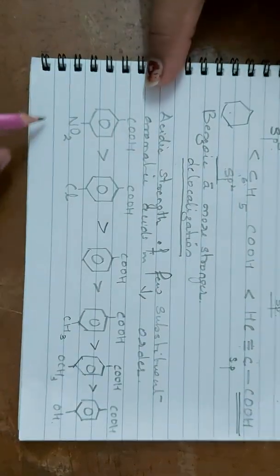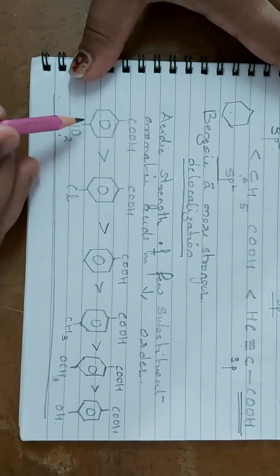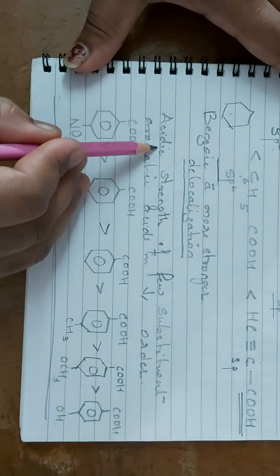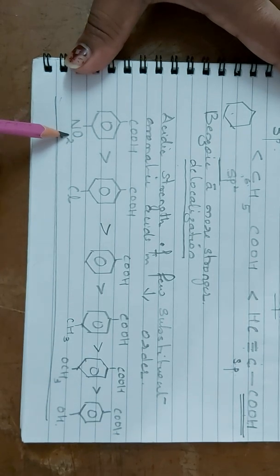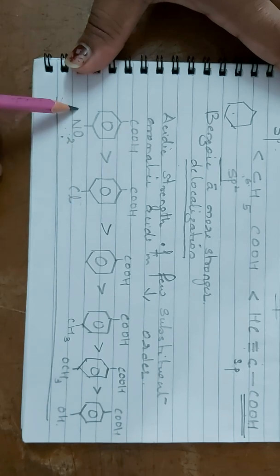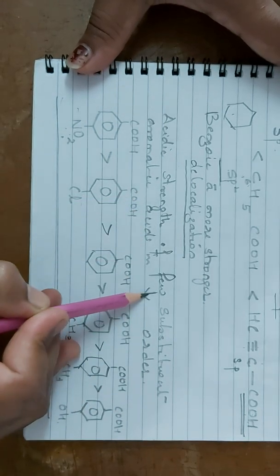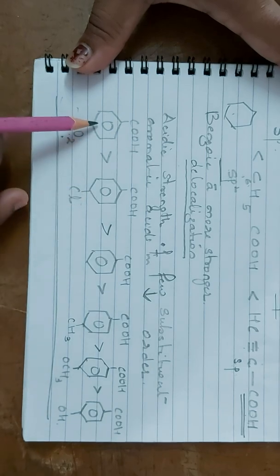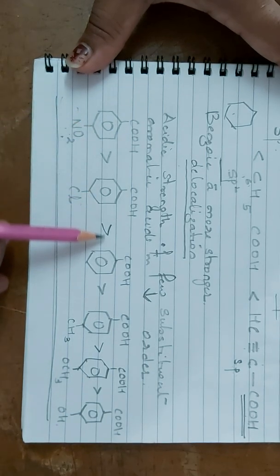Now, just have a quick look at this. When we consider this benzene ring still having another substituent coming, when an electronegative substituent comes, you can see this has greater acidity, and likewise the acidity decreases.